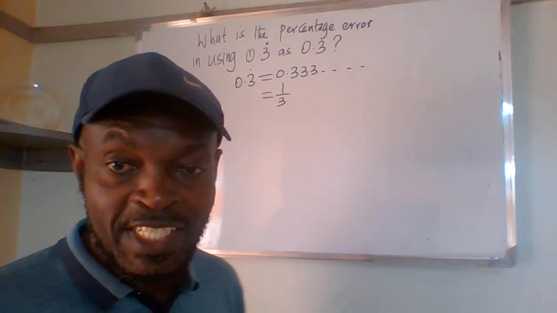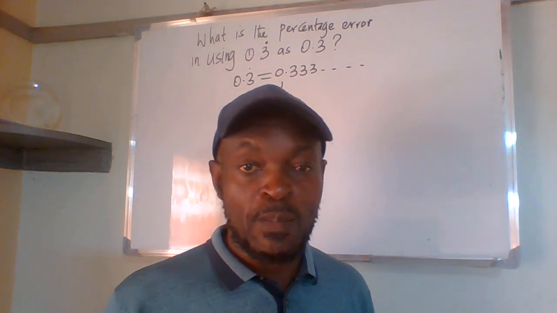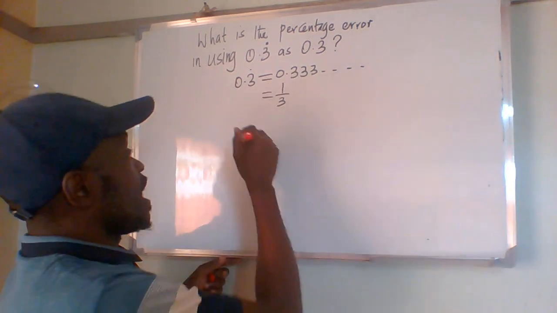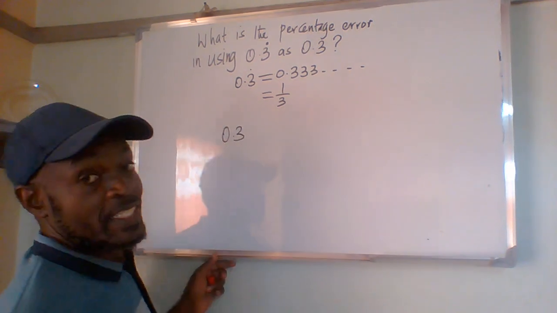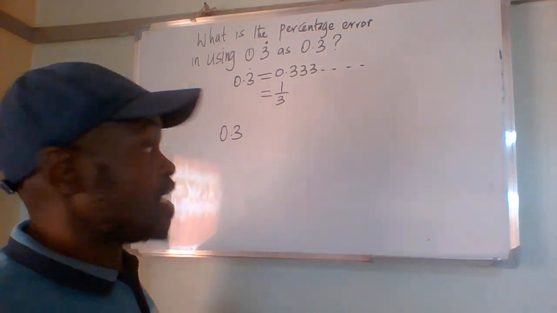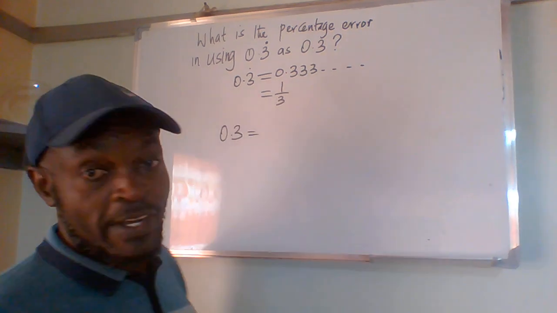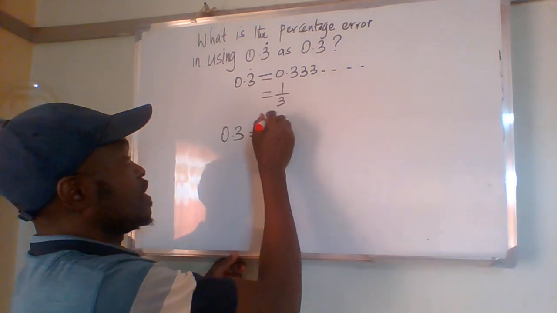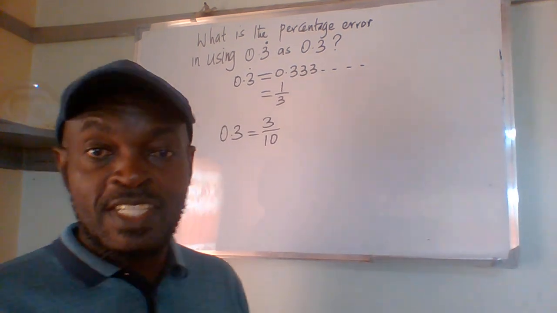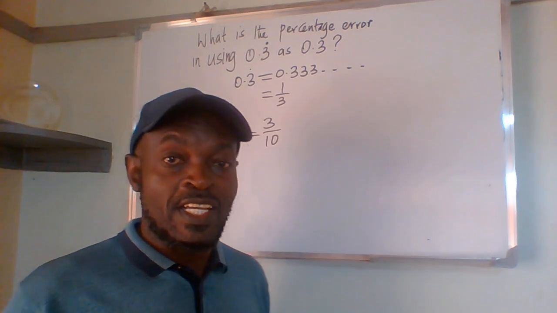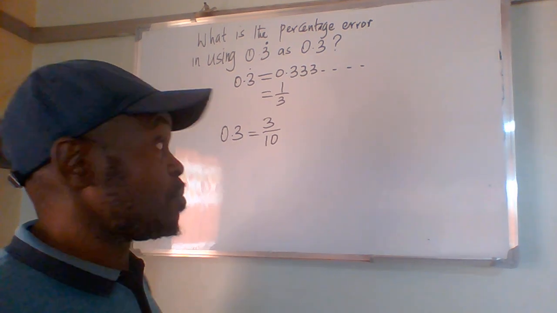That is the exact value. Now, on the other hand, 0.3 just plainly as it is, when converted into a fraction, is actually 3 over 10.